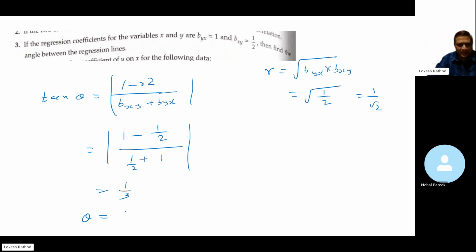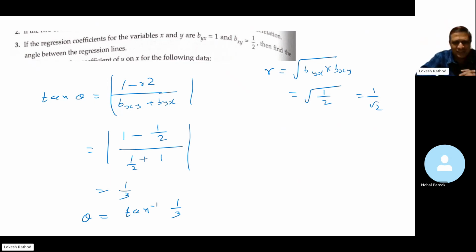So we write theta as tan inverse of 1 over 3. That's the answer. If a scientific calculator is allowed, you can find the angle also, tan inverse 1 over 3.